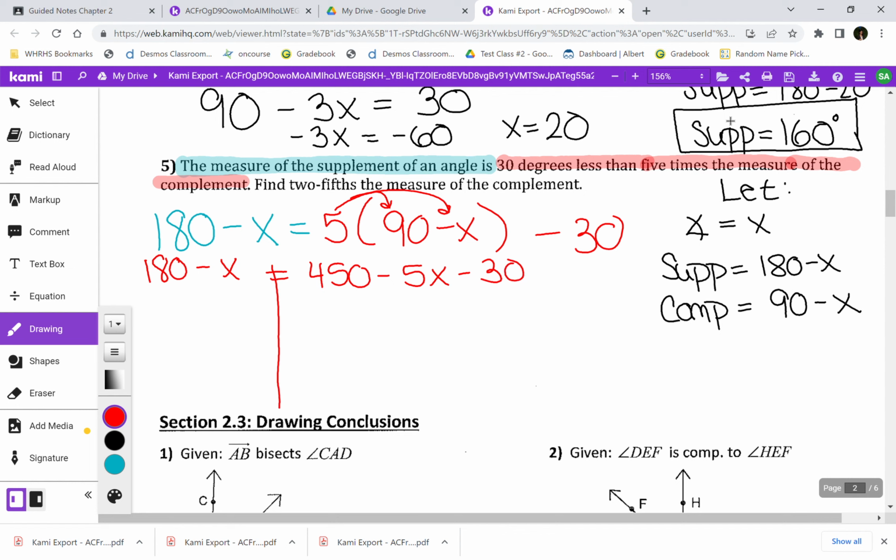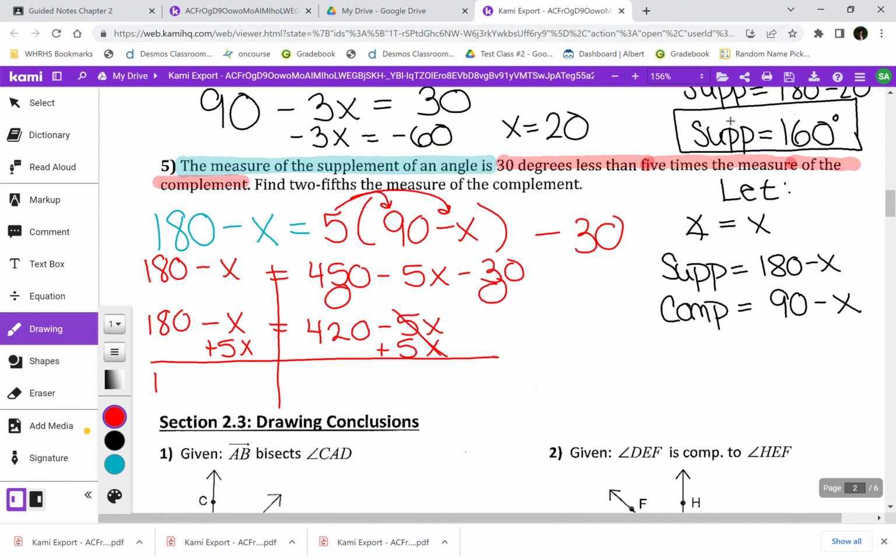On the right side, I'm going to combine my like terms. So we have 180 minus x equals 420 minus 5x. I'm going to add the 5x over. So we're going to have 180 plus 4x equals 420. Subtract the 180.